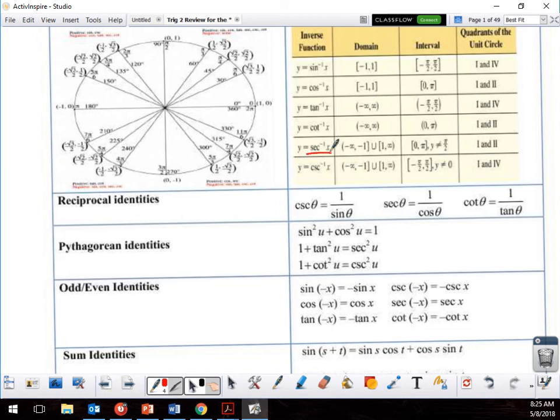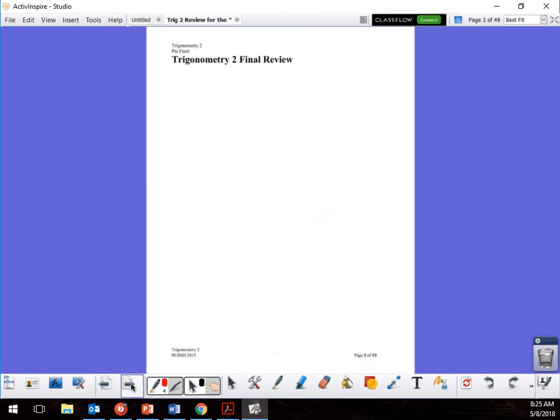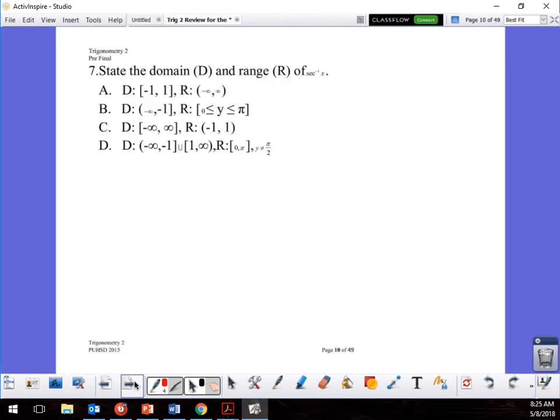Domain from here, there, y cannot equal pi over 2. And it is going to be D. So the answer is actually on the test. If you pay attention, the answer is actually on your test. I give you the answer. You just have to know where it's at.